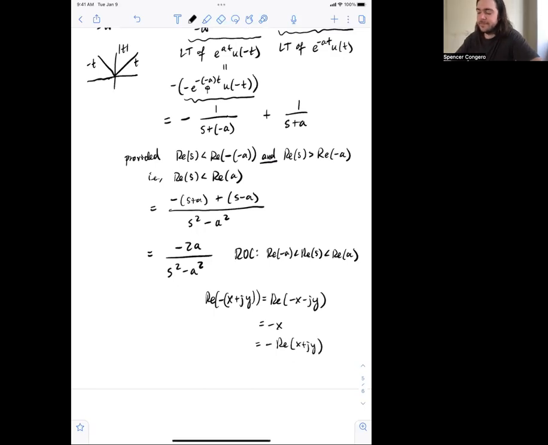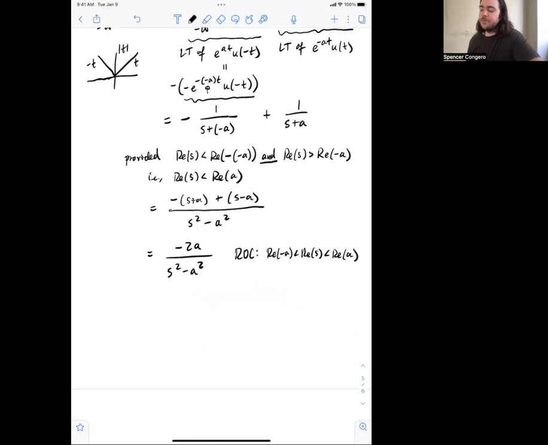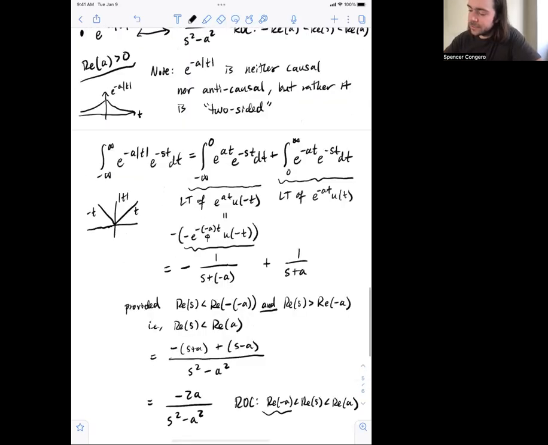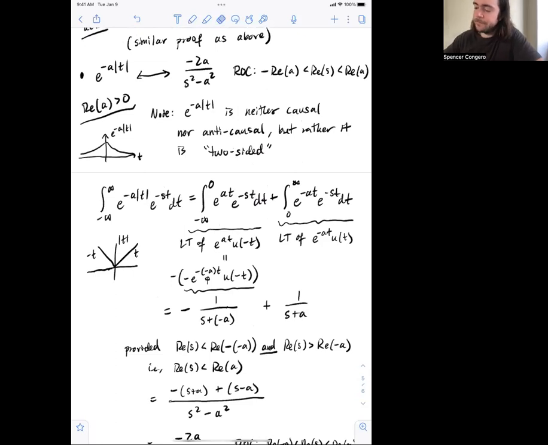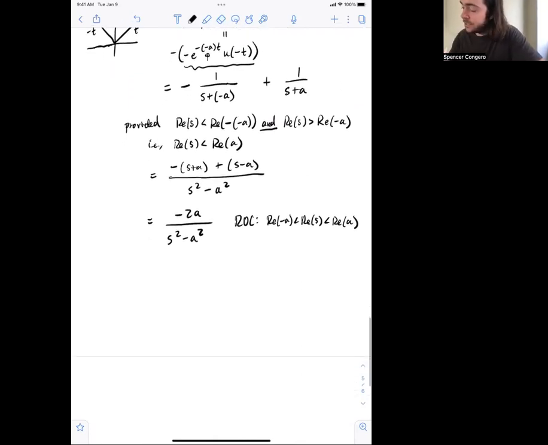So the real part of the negation of a complex number is just negative the real part of that complex number. You can prove all these kinds of properties with real parts of complex numbers in that way. So the real part of negative a equals negative real part of a. I'll leave both of them here so that you're aware those are equal. That's the region of convergence.